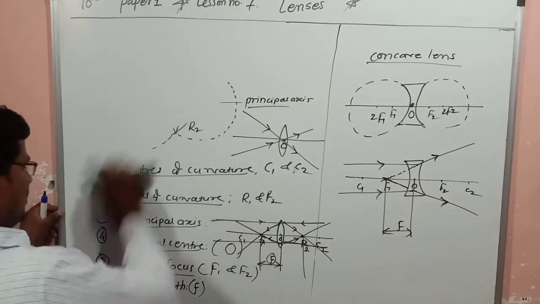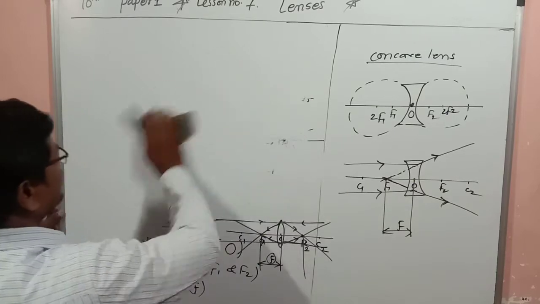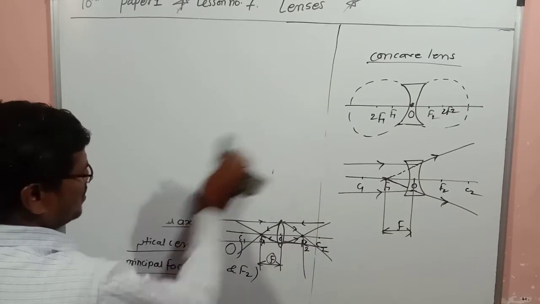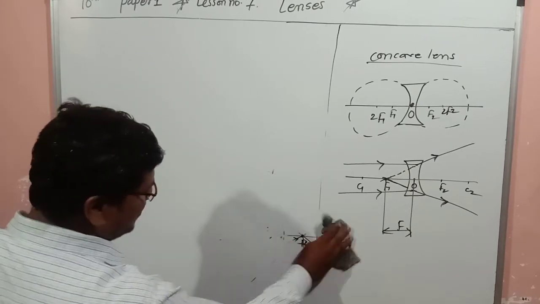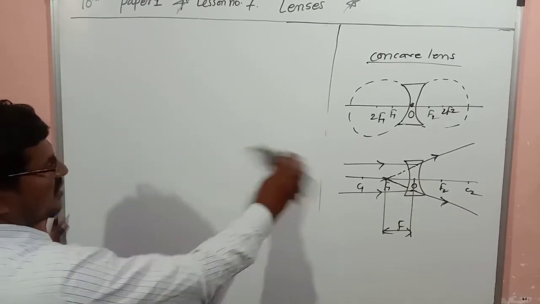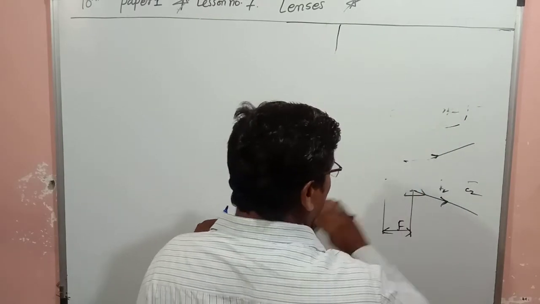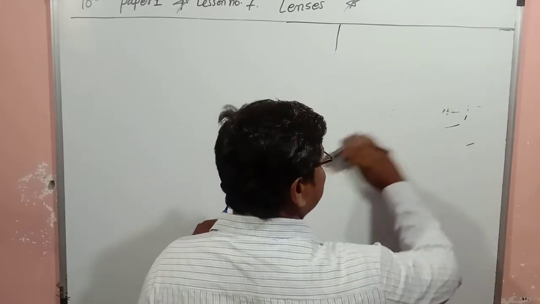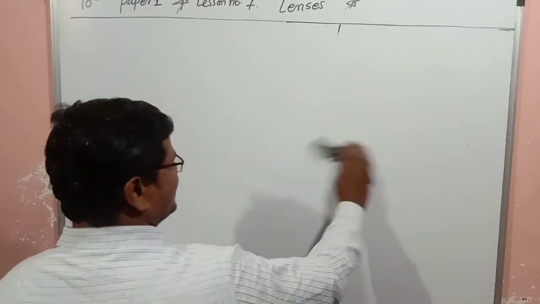In Try This, one simple activity is given in the textbook. We will perform the same activity during the practicals. We have to find the focal length of the convex lens.